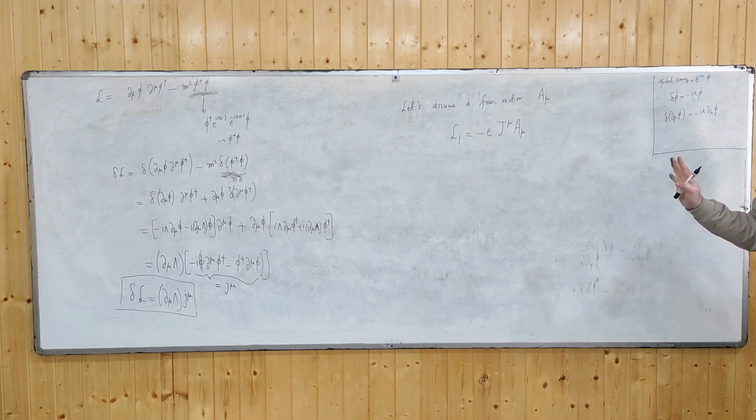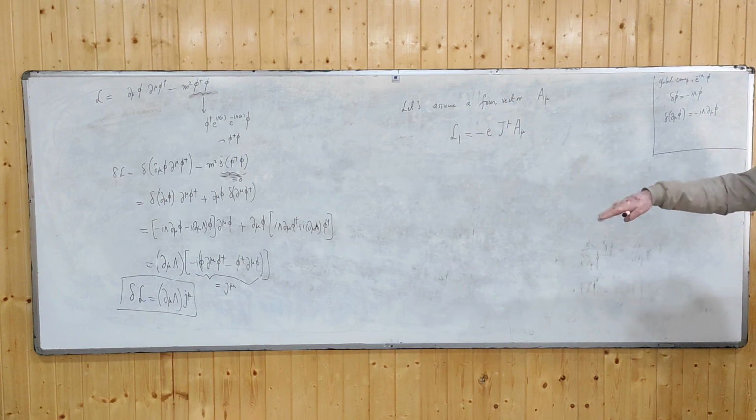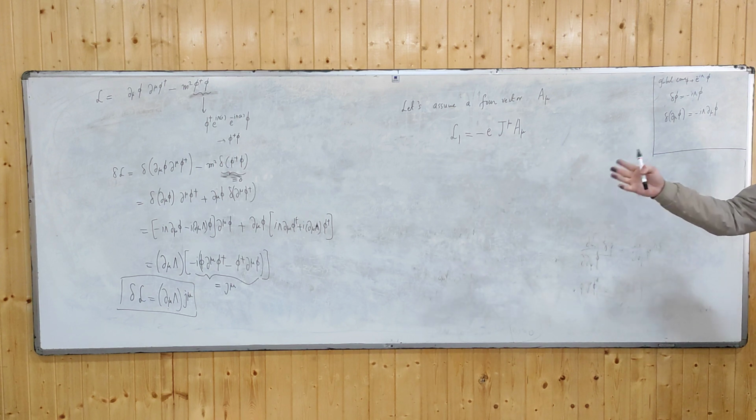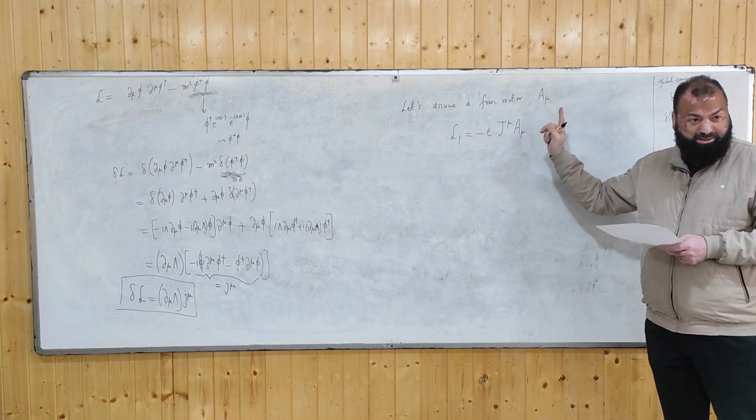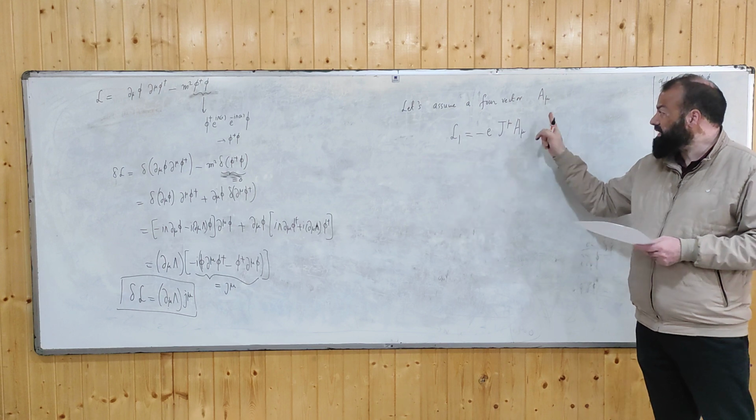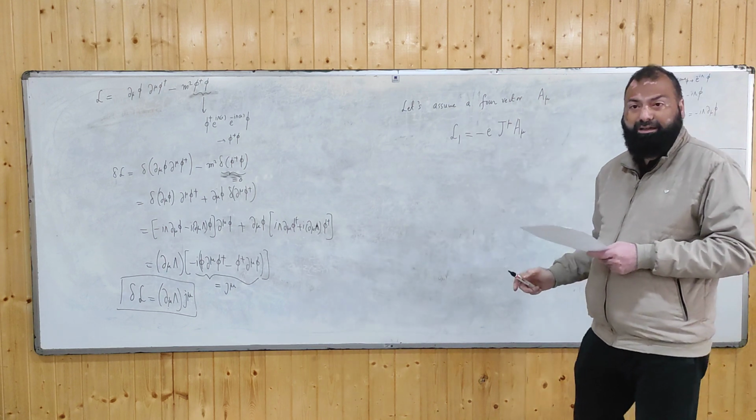In this way, because I have considered a local transformation rule which creates all these kinds of problems. When I am doing a transformation, it should also affect this A mu, is it? Got it? So if I am making a U(1) transformation, this A mu should get affected.